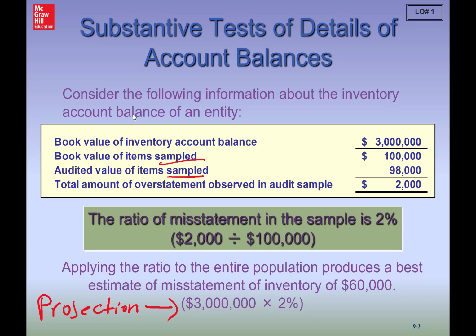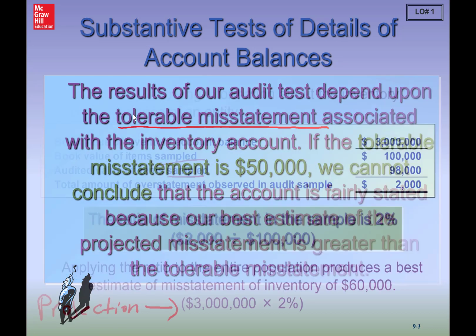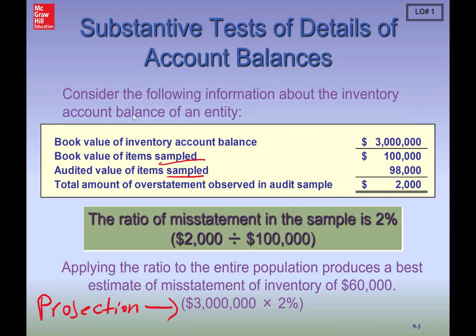Now, we apply that to the $3 million total balance of the entire inventory, and we estimate misstatement at 60,000, right? 3 million times 2%. We are projecting misstatement of 60,000.